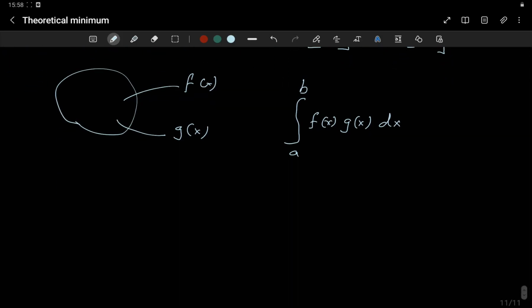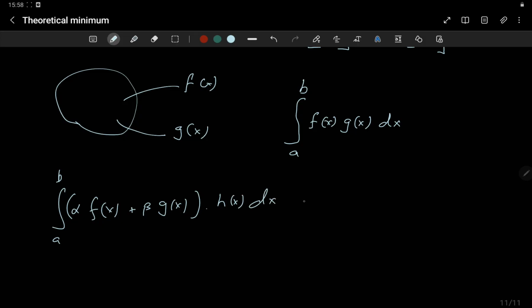So what is it? Integral, say a to b, alpha f of x plus beta g of x, the whole into, let's say, h of x, dx is equal to integral a to b alpha f of x h of x plus integral a to b beta g of x h of x, and dx has to be put here and here.